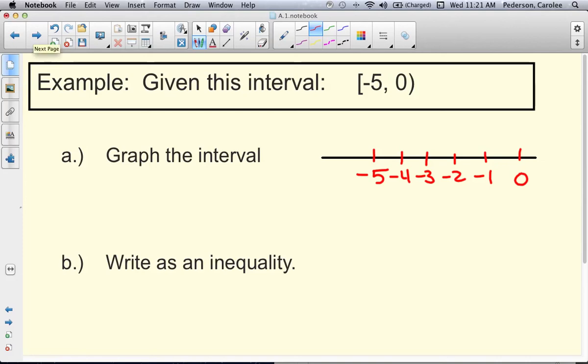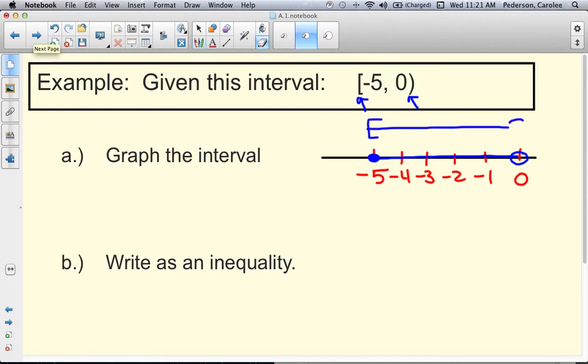I can include -5 because it has the bracket, so that's a closed circle, and all the numbers from -5 to just before 0, because now this is a parentheses. So there is our graph of this interval, or if you want it as parentheses and brackets, here's your bracket going off to a parentheses.